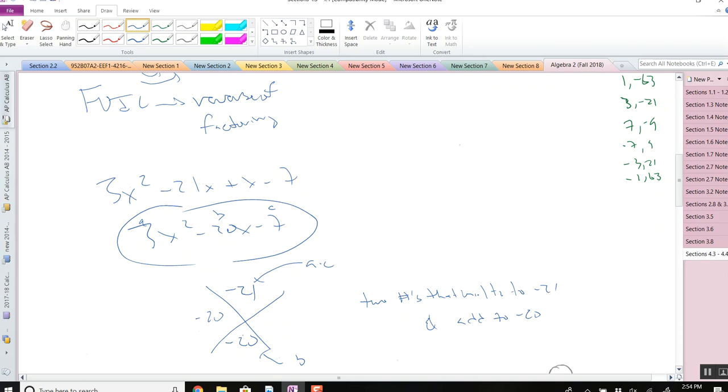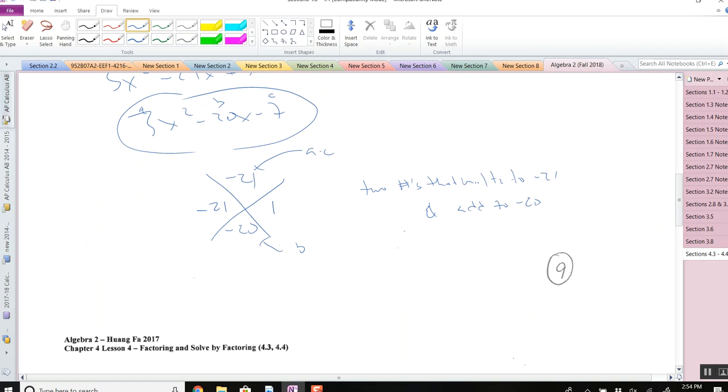Nope, sorry, I lied. That multiply to -21. Oh, -21 and 1. There you go. And of course, that adds up to -20. But if you were to factor it, what's going to happen is that it would look like this. 3x squared minus 21x plus x minus 7.